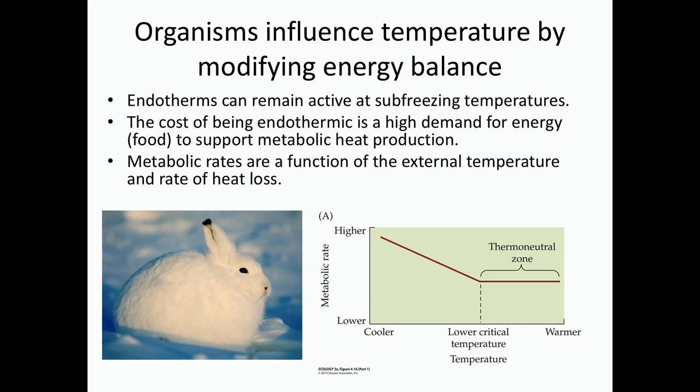Now, an ectotherm, on the other hand, would not be able to survive in this environment because there's no source of energy that's great enough for it to raise its body temperature to the point where it will be able to run its metabolic processes at ideal rates. So what this means is that endotherms have been able to colonize areas that have extreme cold temperatures, whereas ectotherms tend to be relegated to areas where there is more of a source of energy.